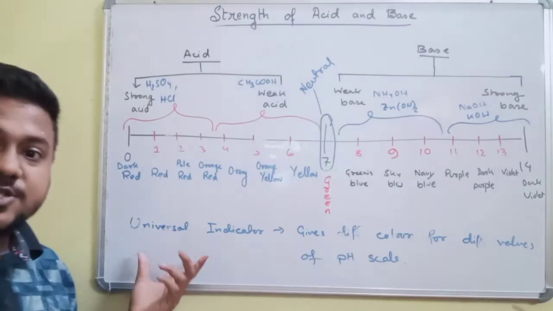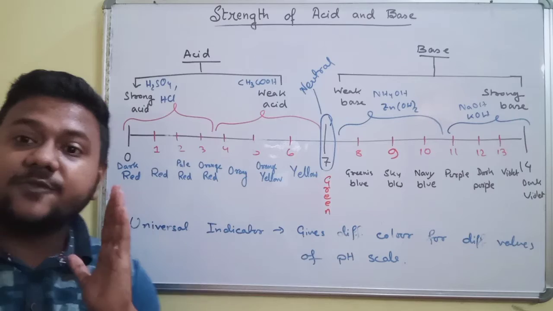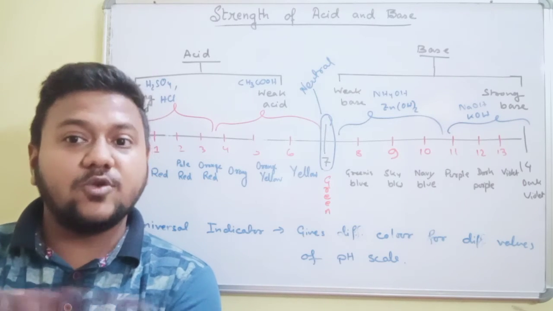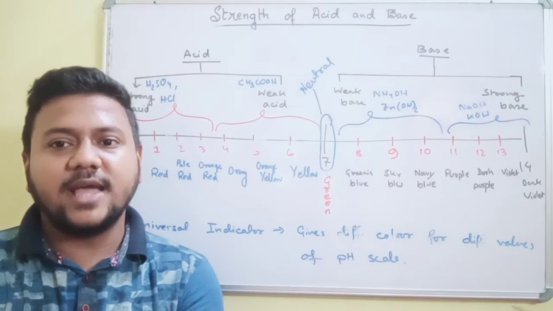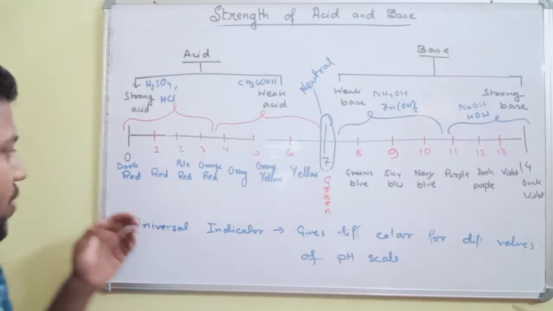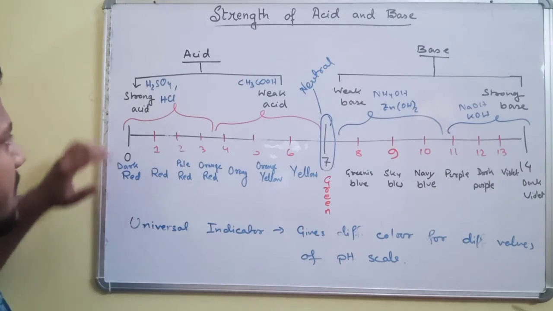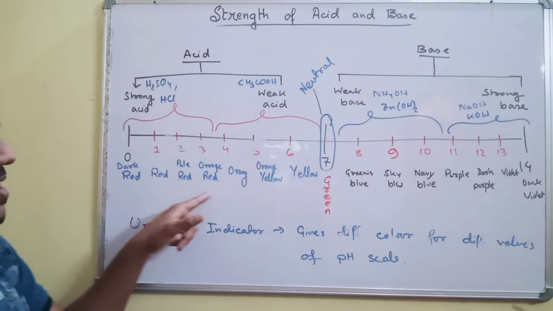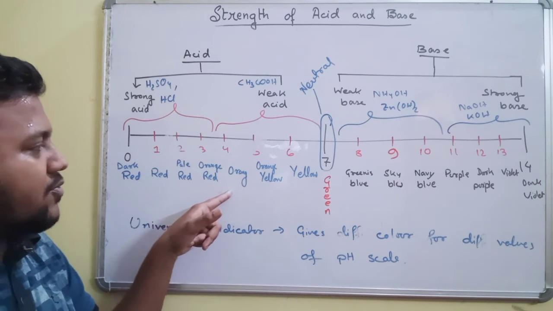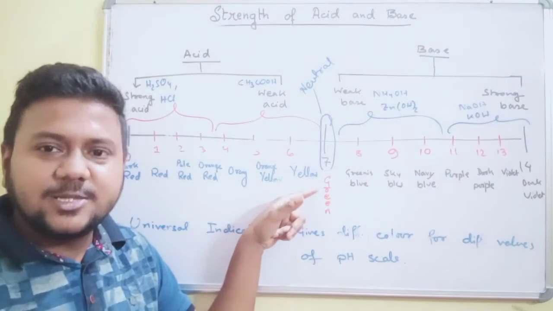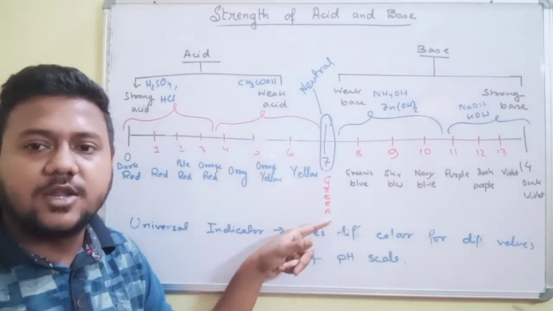But with universal indicators, we can classify whether it is a strong base or a weak base, or a strong acid or a weak acid, depending upon the color. Now let us see the colors. When it is a strong acid, it is red in color. When it becomes a weak acid, it turns orange to yellow, and neutral substances will have green color.